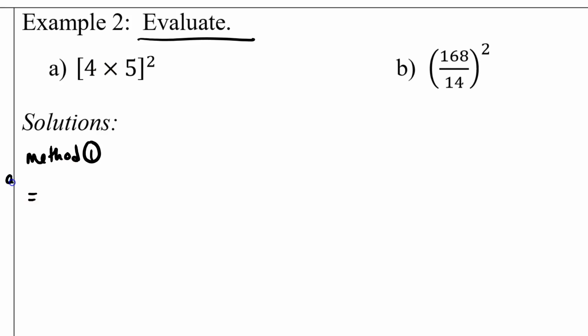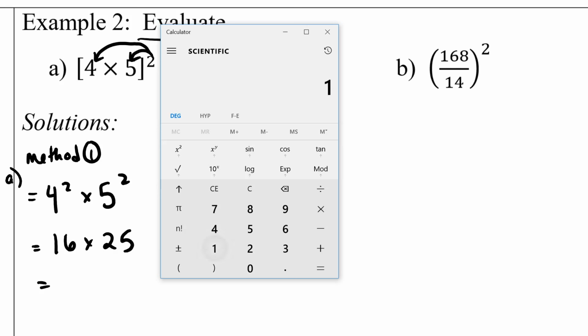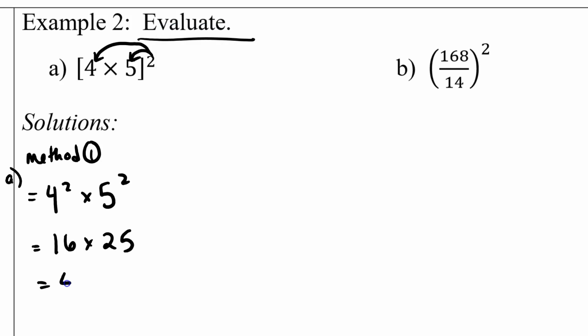If we're looking at question A here, we're going to say 4 squared times 5 squared, because remember that the exponent goes to both. So 4 squared is 16 times 25. 16 times 25 is going to be 400, but let's just double check here. Looks like I know my number facts. So we get the answer of 400.